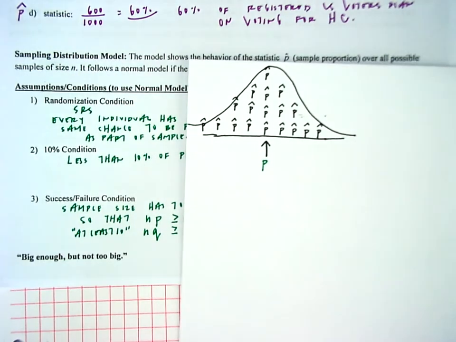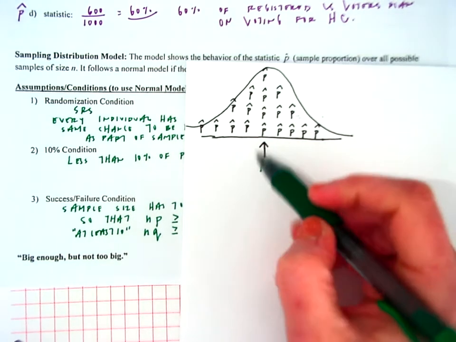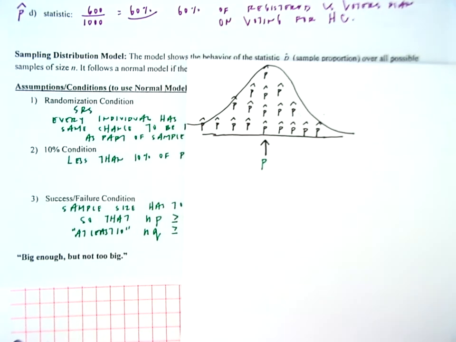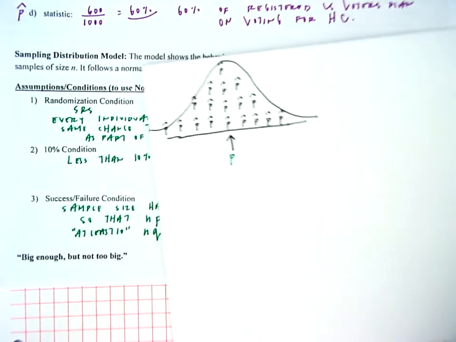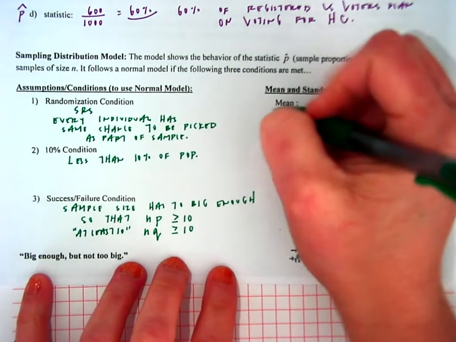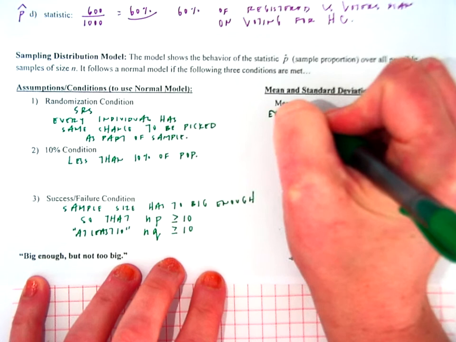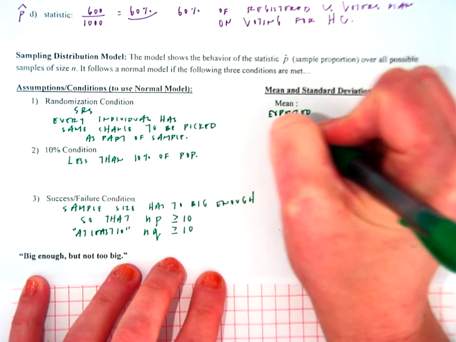It should be right smack in the middle. So here we say that the mean, also called the expected value, of all of our statistics, or our sample proportions, should be equal to that true population parameter.